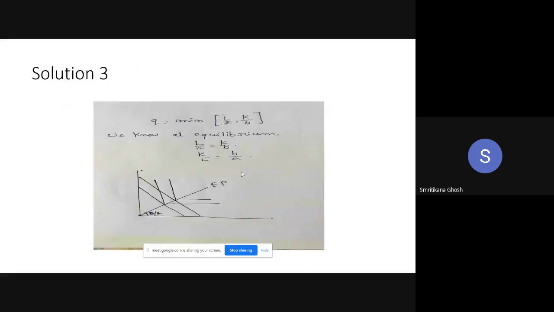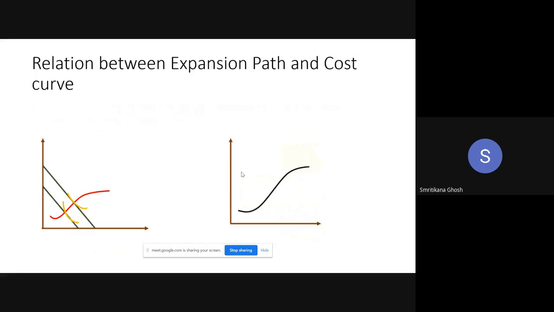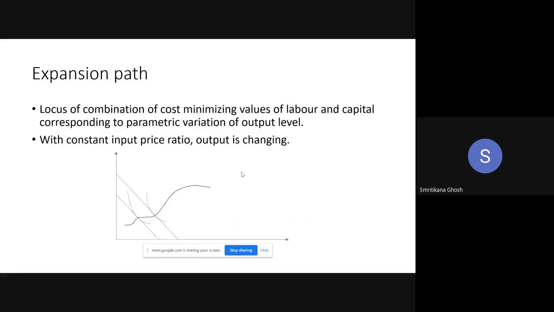Today I am going to discuss the relationship between the expansion path and the cost curve. That means how to get the cost from the expansion path. Expansion path is, by definition, the combination of the cost minimizing values of labor and capital corresponding to the parametric variation of the output level.